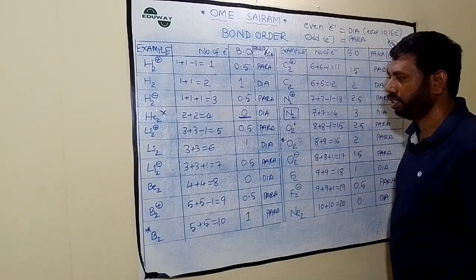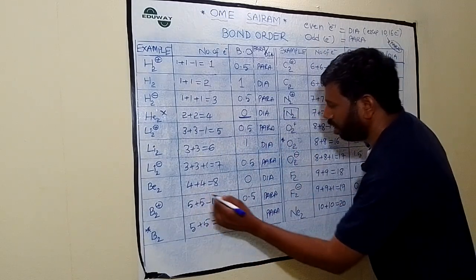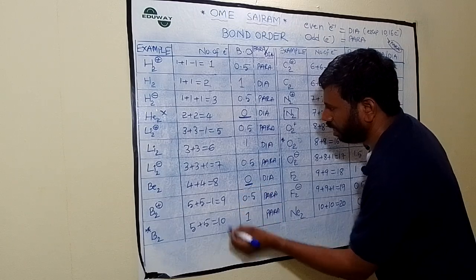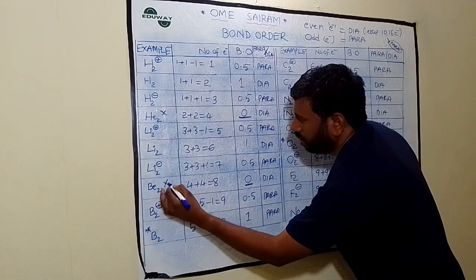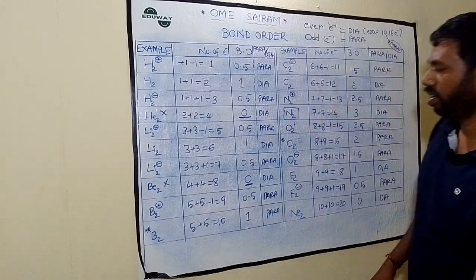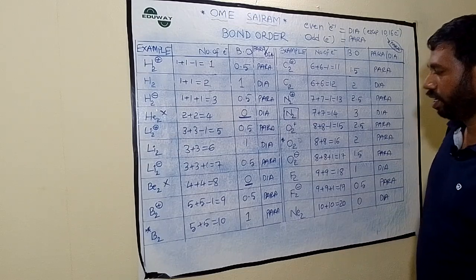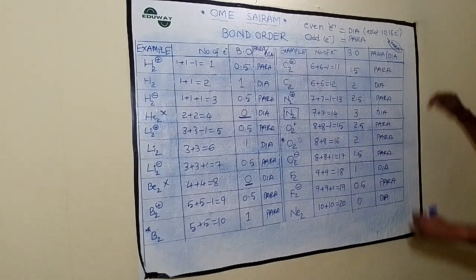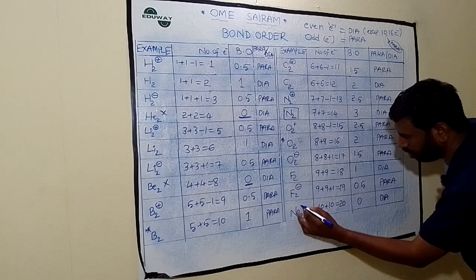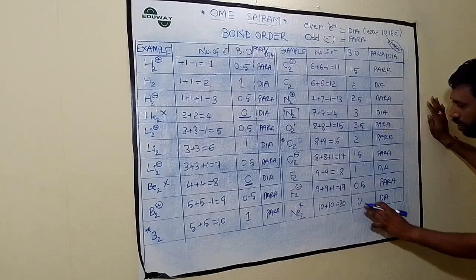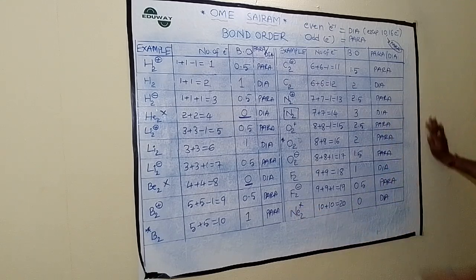That's it, does not exist. Next, Be2 molecule also does not exist because the bond order is 0. That's why the Be2 molecule also does not exist. And next, Ne2 molecule also does not exist because it has a bond order 0.